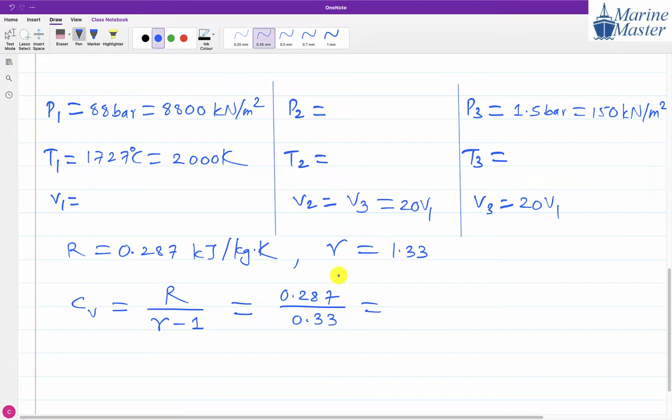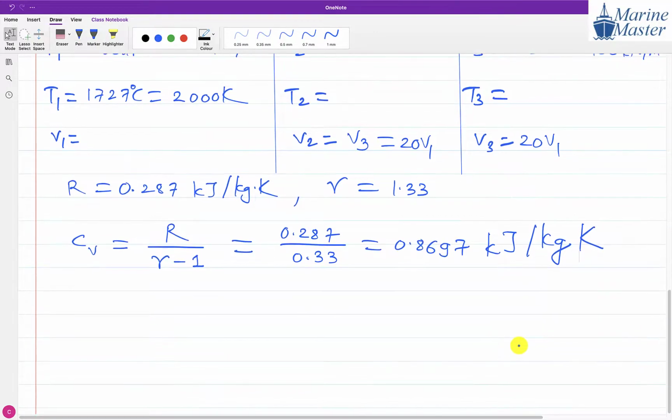How much value are we getting? 0.8697. Calculate once again. And the unit of Cv is kilojoule per kg Kelvin.